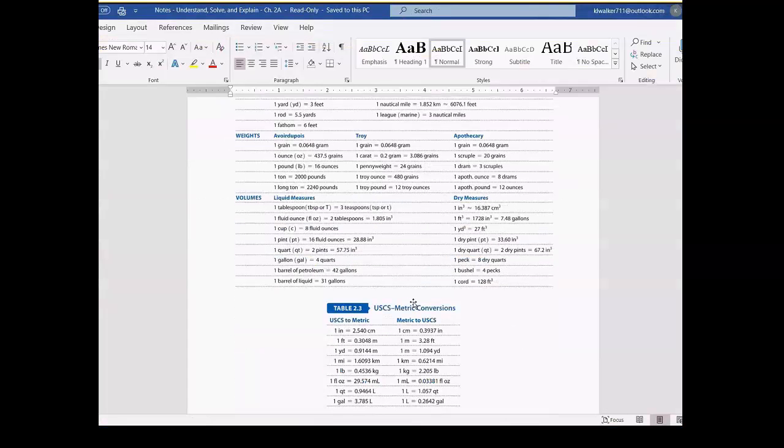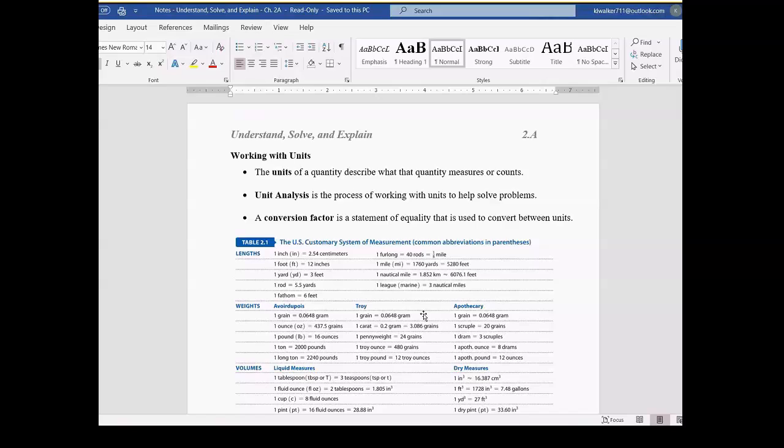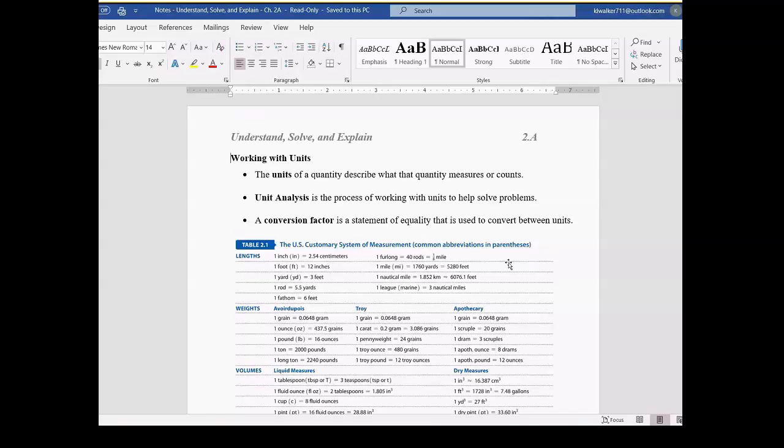Okay, so this is what this topic is about. 2A is how you use units of measurement, all kinds of different ones, to solve problems. And I'm going to show you 2 different methods, both of them involving proportions, different types of fractions that you make.